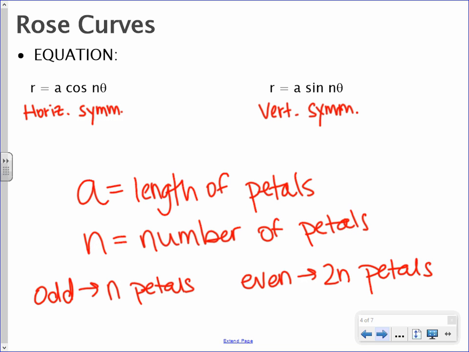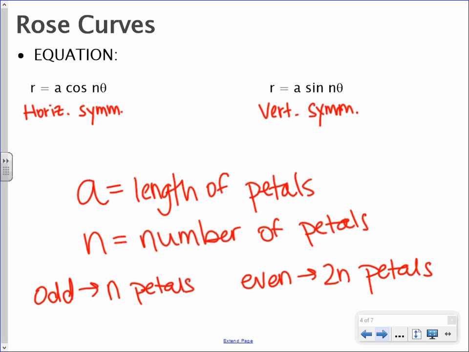So what will help you when you are graphing is that we only have to go 0 to pi for our odd petals, and 0 to 2 pi to get all of our petals for even. Okay? Now, when we go to graph these, we're going to do 2 examples.